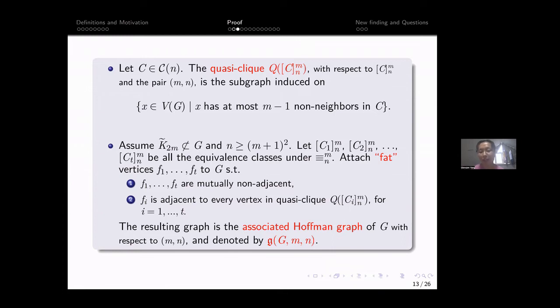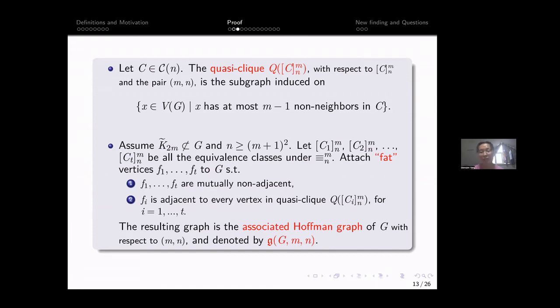Here I want to say that these T vertices are special. This is different from the original vertices. After doing this, we obtain the associated Hoffman graph.